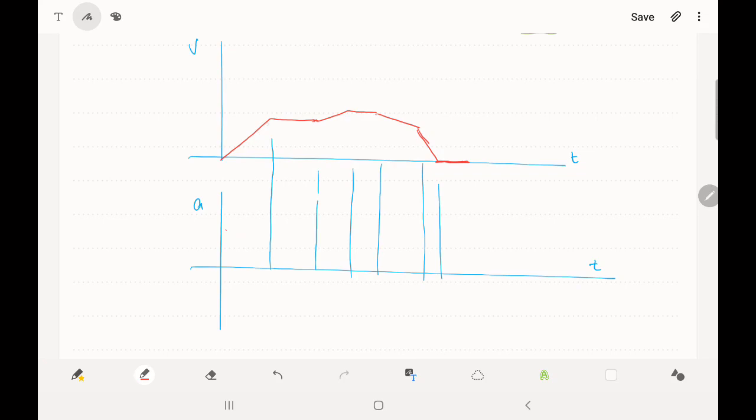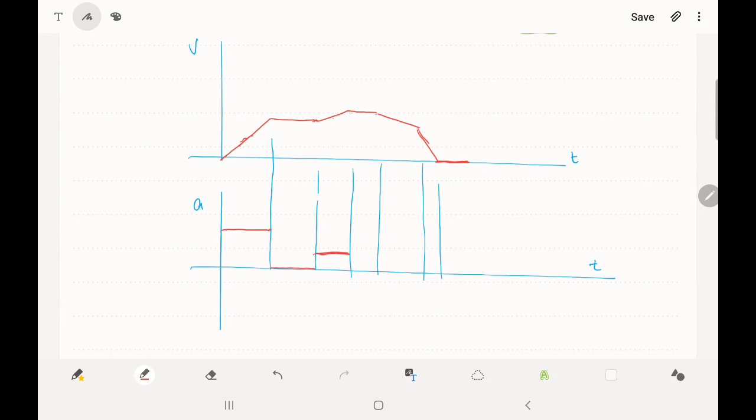Now let's see, you have a positive acceleration, you're increasing your speed, but it's a straight line, so you have a constant acceleration. Now you're going at a constant speed, so your acceleration is 0. Okay, now here you have a constant acceleration because your speed is increasing, but the slope here is smaller than the slope here, and therefore you have a smaller positive acceleration, which is a straight line, constant.